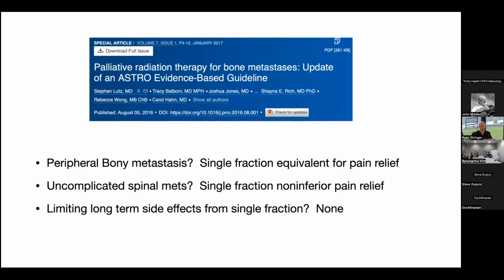And among several, the most salient to this discussion is for peripheral bony metastatic disease with pain, single fraction provides equivalent relief for pain as compared to the multi-fraction dosing. Same thing with uncomplicated spinal mets. And then a discussion on the limiting long-term side effects of the single fraction.